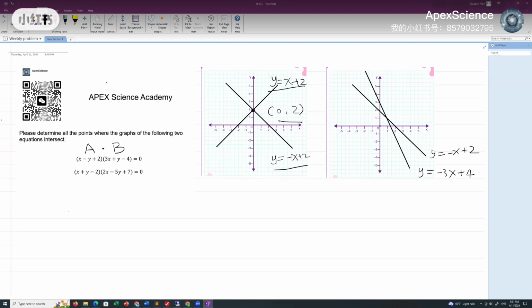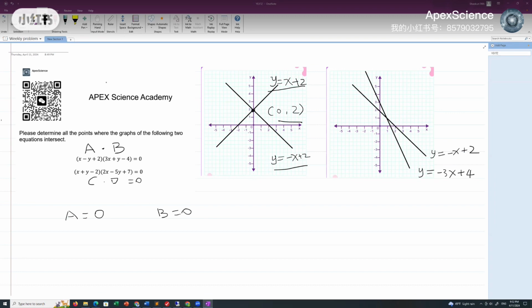So what does that mean? That means A equals 0 or B equals 0, right? We cannot have both of them be non-zero at the same time in order for this equation to be satisfied. Same thing for the second equation, we will have C multiplied by D equals 0.